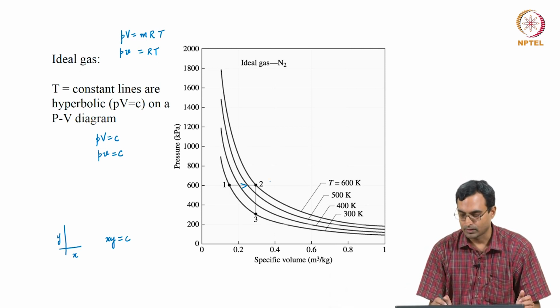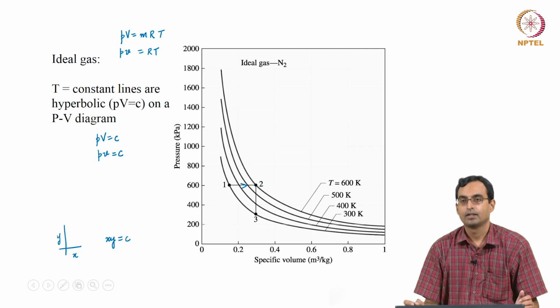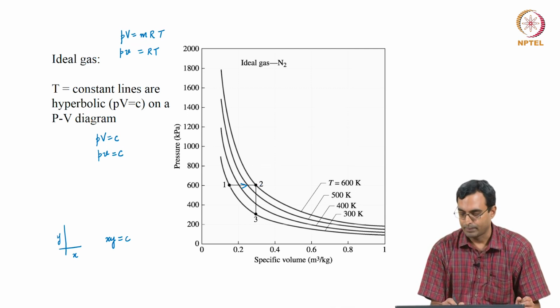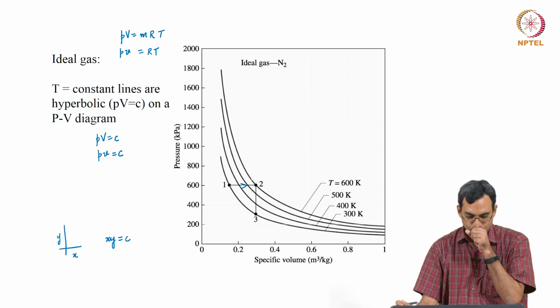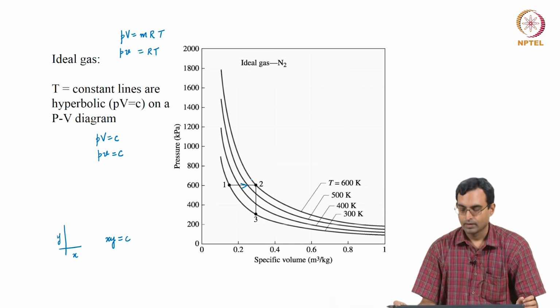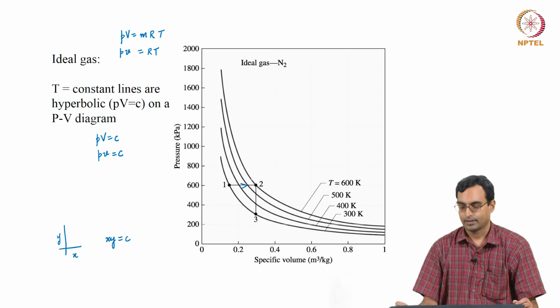As I go from 1 to 2 I cut these isotherms, which means that my temperature is increasing.